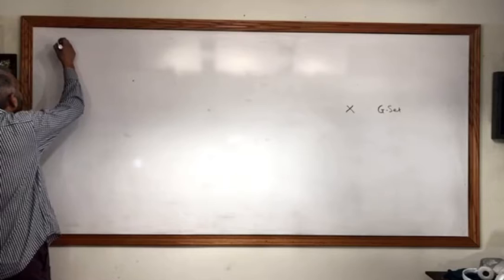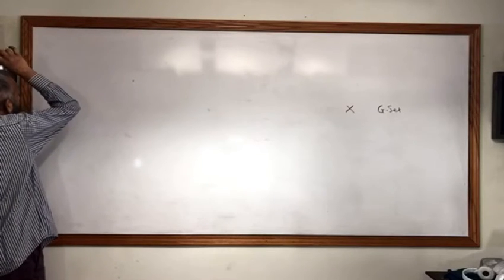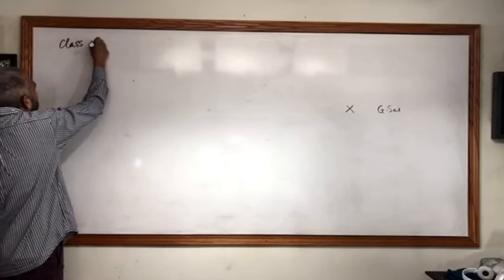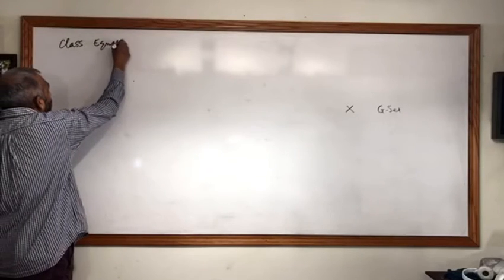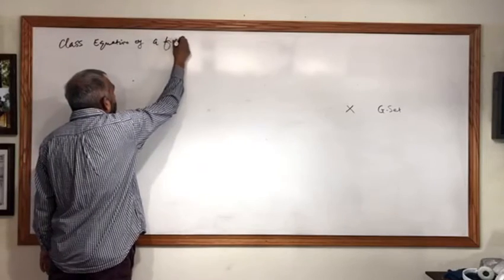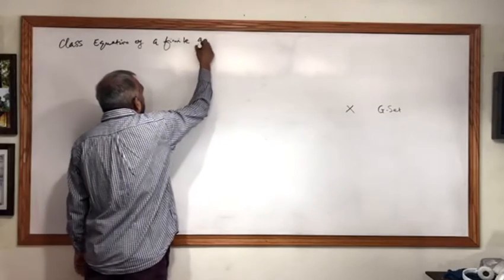That equation is called the class equation of a finite group.